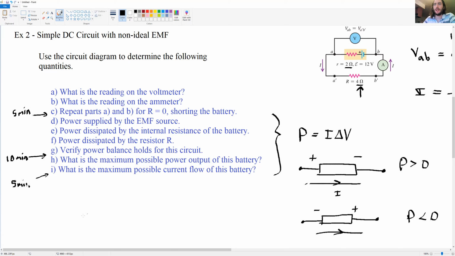The battery can supply so much voltage, and power is I times delta V. And so if we can make it so that that battery supplies a very large amount of current, then the battery would supply a large amount of power, right? Okay, so what is the maximum possible current flow then? Well, that's the next question. So now we need to think about how can we figure out the maximum current.